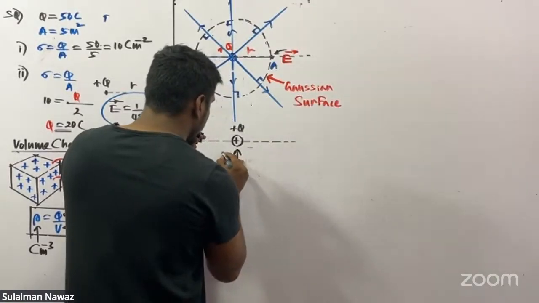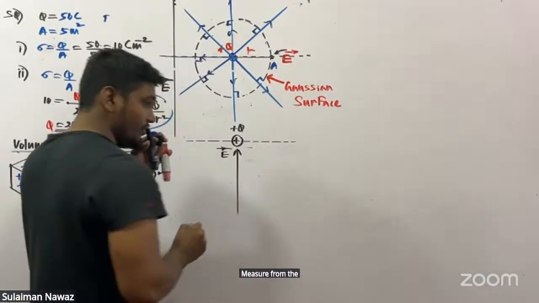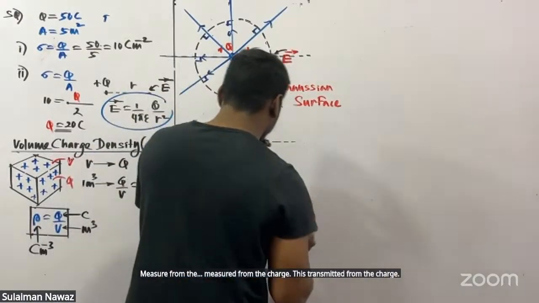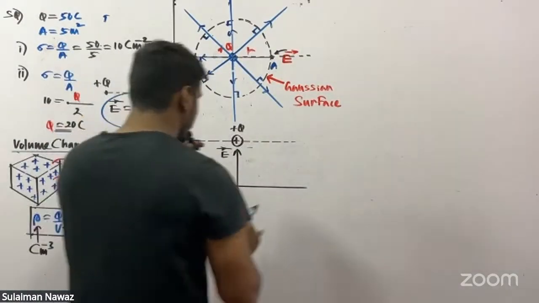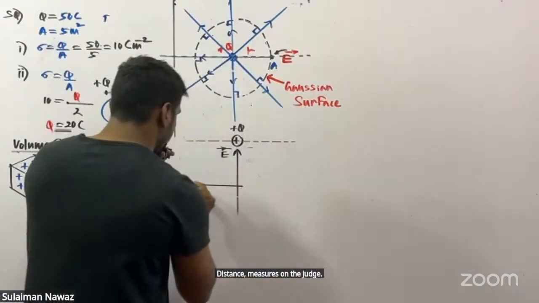The x-axis is going to be the distance measured from the charge.